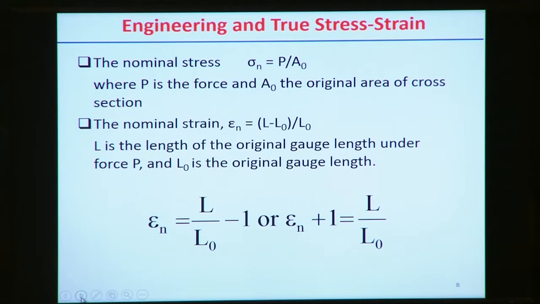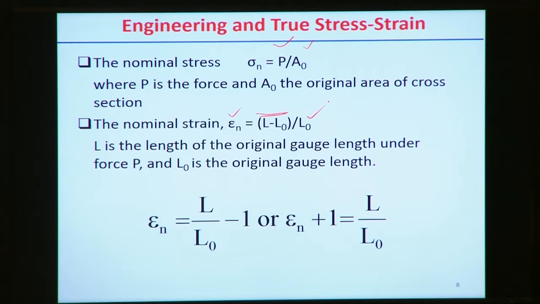For nominal stress, we define the applied load P and the original cross-section area. For the nominal strain or engineering strain, the change of length, where L is the final length and L0 is the initial length, is taken with respect to the initial length.